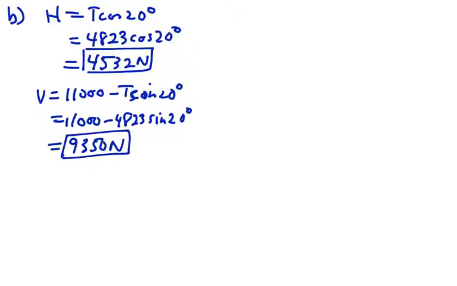So that's the horizontal and vertical components at the base. We have 9,350 vertical, 4,532 newtons horizontally, and our resultant force will be the vector sum of those two, going like that.